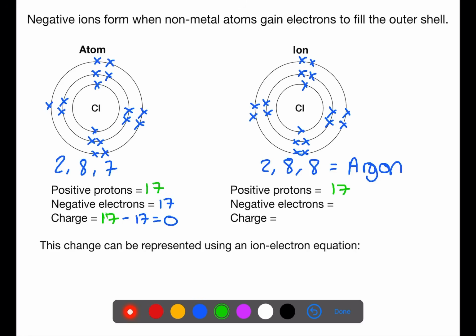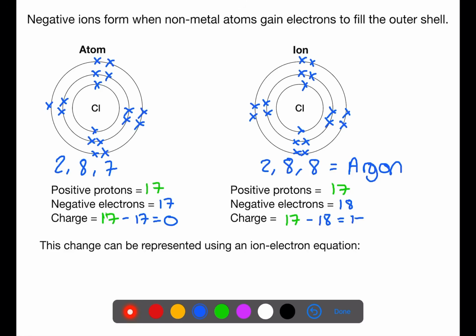We still have 17 positive protons in the nucleus, but we now have 18 negative electrons around the outside. If we take the protons minus the electrons, we get a charge of 1 negative. We have 1 extra electron compared to the number of protons in the nucleus.